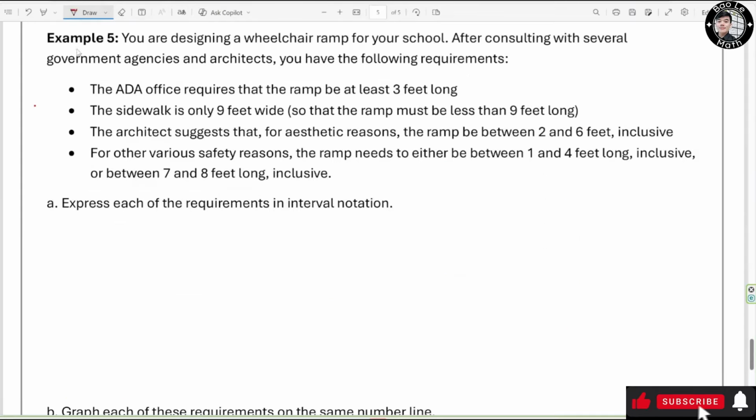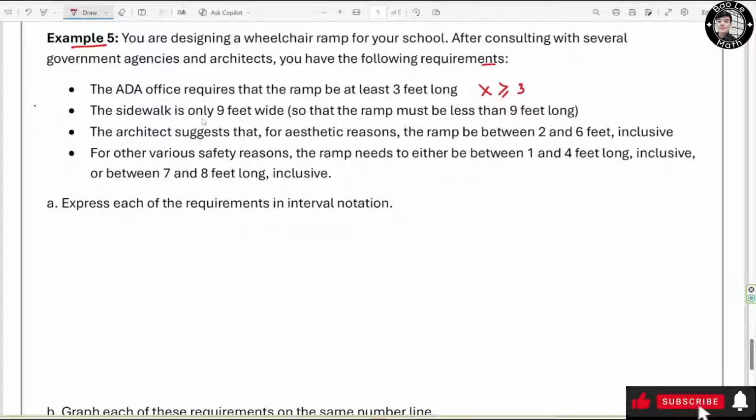Now let's move on to question 5. You are designing a wheelchair ramp for your school. After consulting with several government agencies and architects, you have the following requirements. The ADA office requires that the ramp be at least 3 feet long, so s is greater than or equal to 3, right?